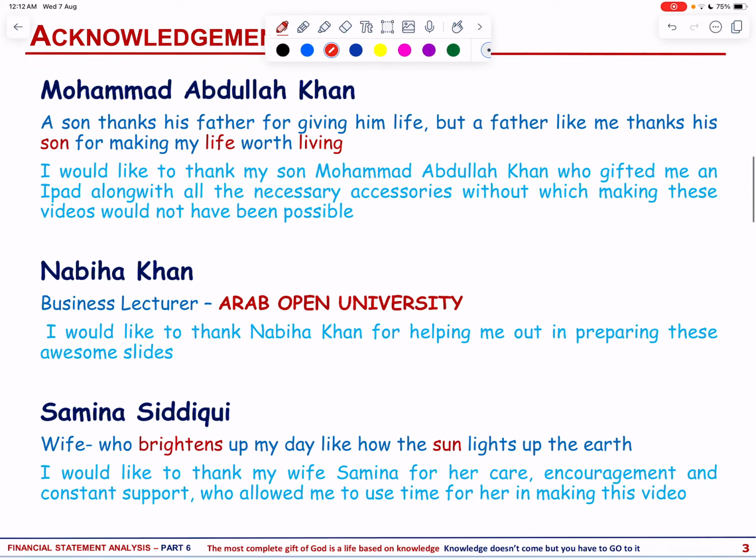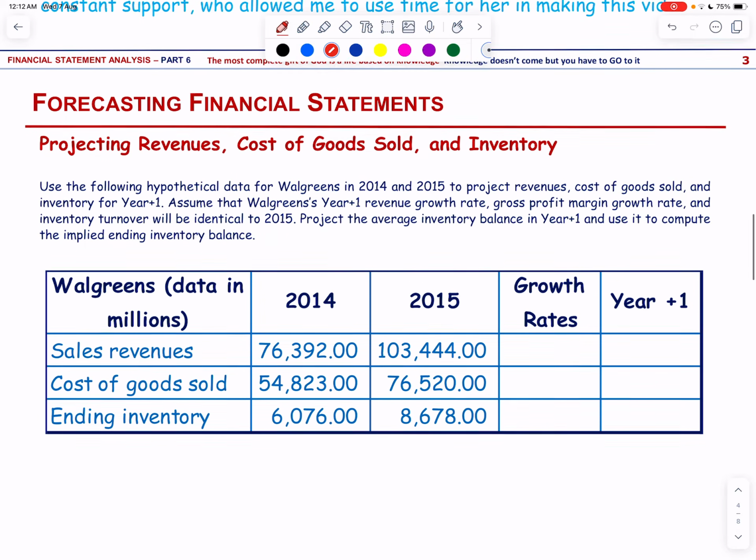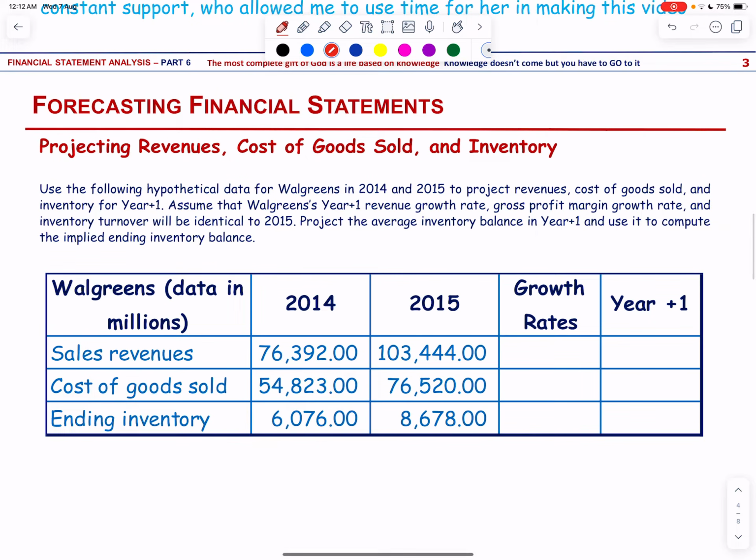So let us look into the first exercise. And here we are going to project revenues, cost of goods sold, and ending inventory. Now, use the following hypothetical data for Walgreens in 2014 and 2015 to project revenues, cost of goods sold, and inventory for the next year.